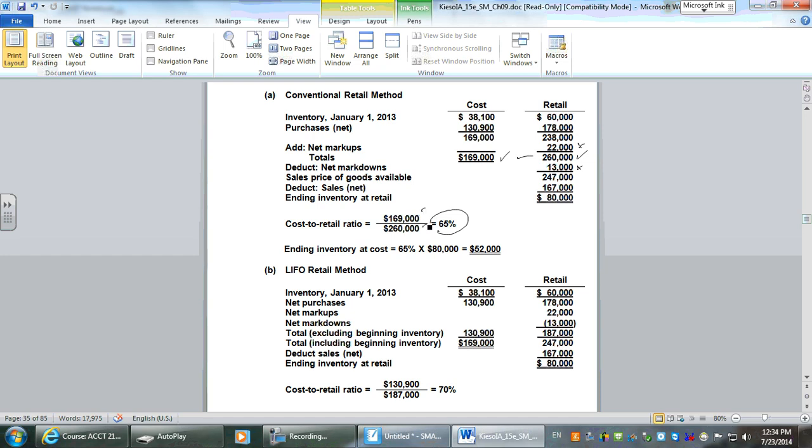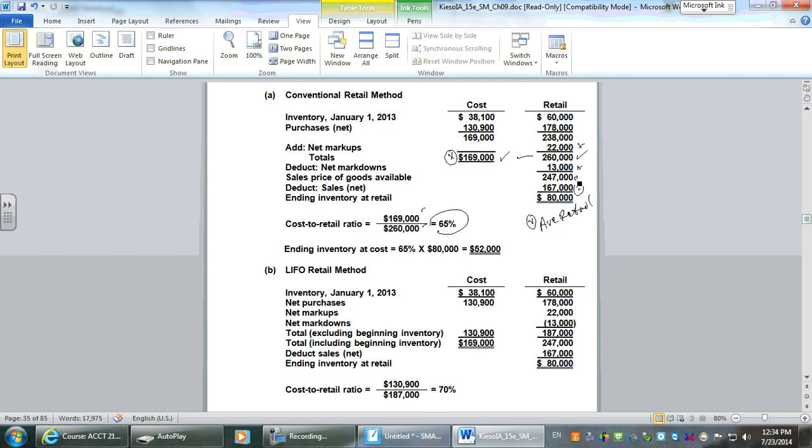Okay? What would it be if I was using average retail? What would my percentage be? Goes up to 68. It'd be 68% because I use this one here. So then it'd be 169, whoops, this one here, right line.